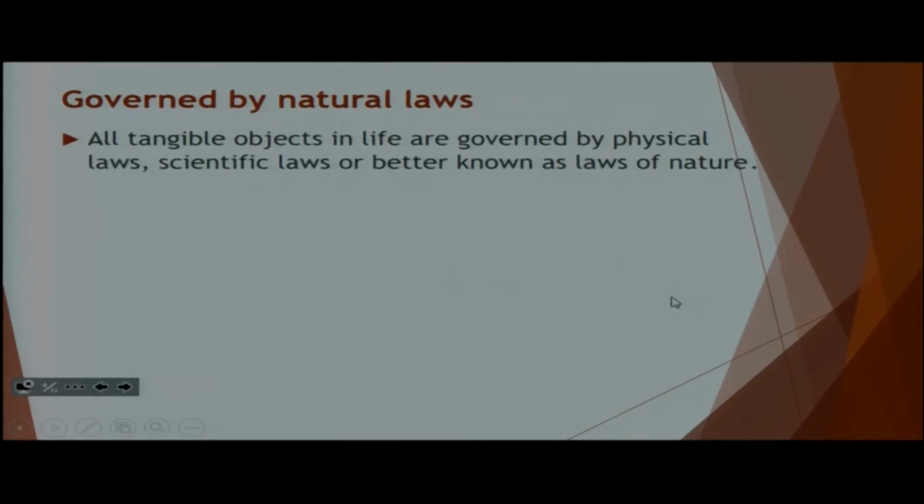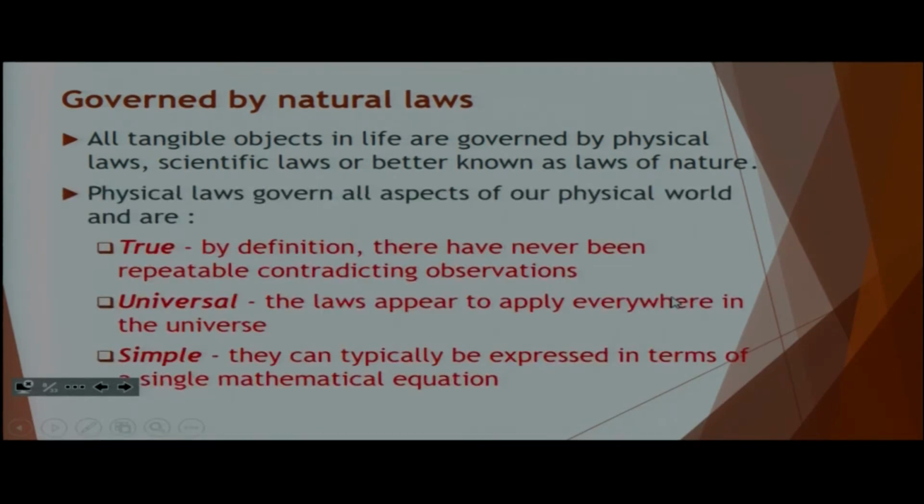Second characteristic. We said hazards are governed by natural laws. All tangible objects in life are governed by physical laws, scientific laws, or better known as laws of nature. Physical laws govern all aspects of our physical world, and have the following characteristics.